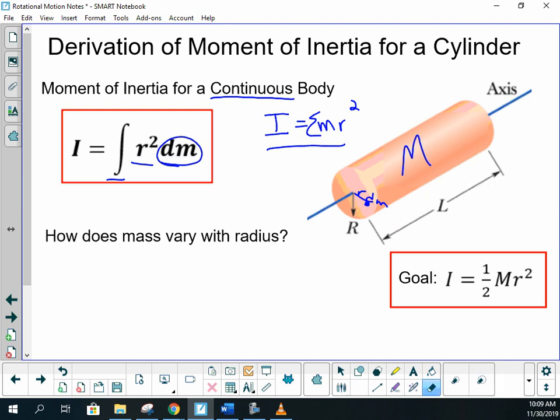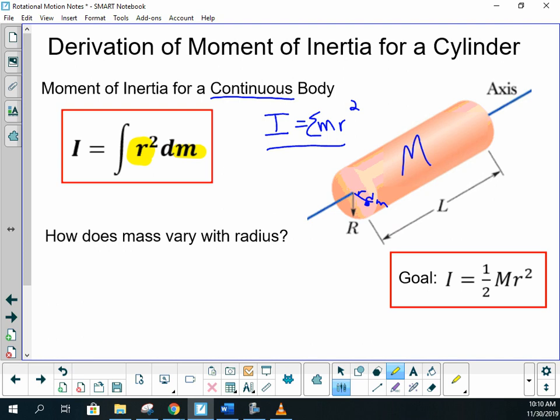Okay, but here is the problem with this particular statement, and this is where the geometry of the situation is going to dictate how you do this derivation. The problem we need to identify is that this variable r does not match that differential, that dm, those little mass bits.